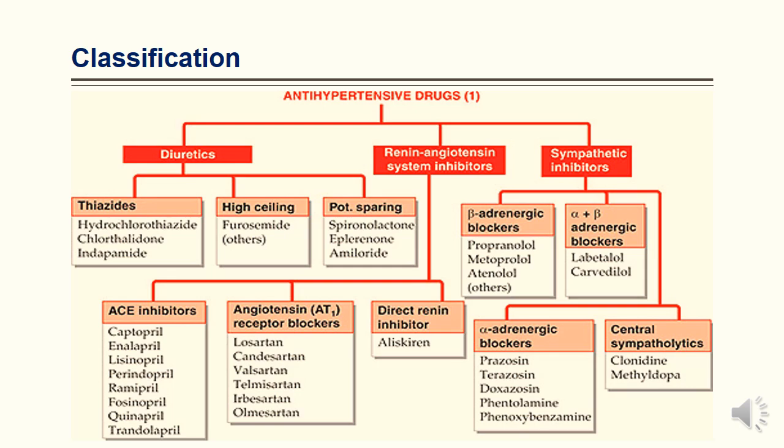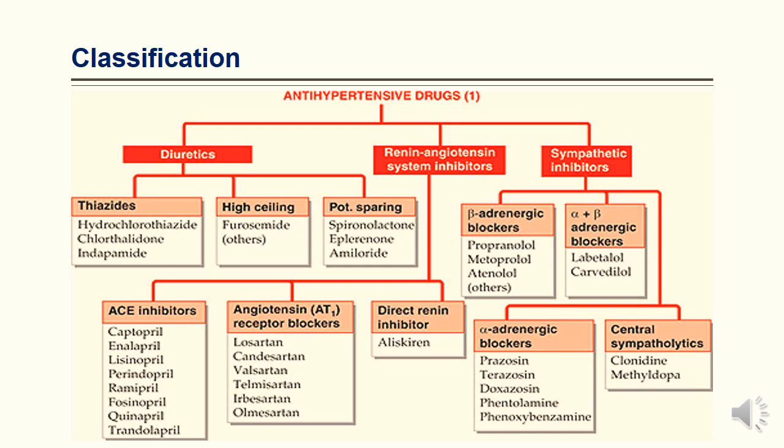Now move on to the sympathetic inhibitors. These are further classified as beta-adrenergic blockers, with more common drugs like propranolol, metoprolol, and atenolol.